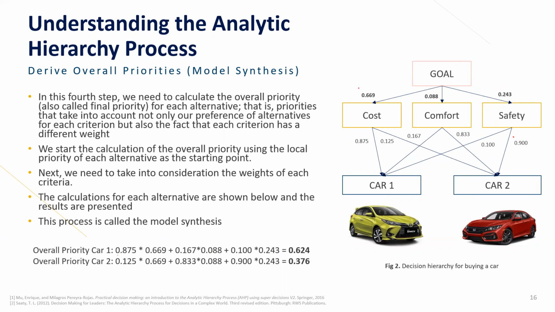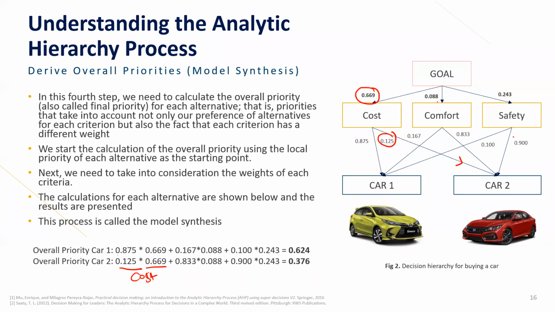For the second car, 0.669 multiplied by this one now, because this one will go here. 0.669 multiplied by 0.125, this one for the cost.